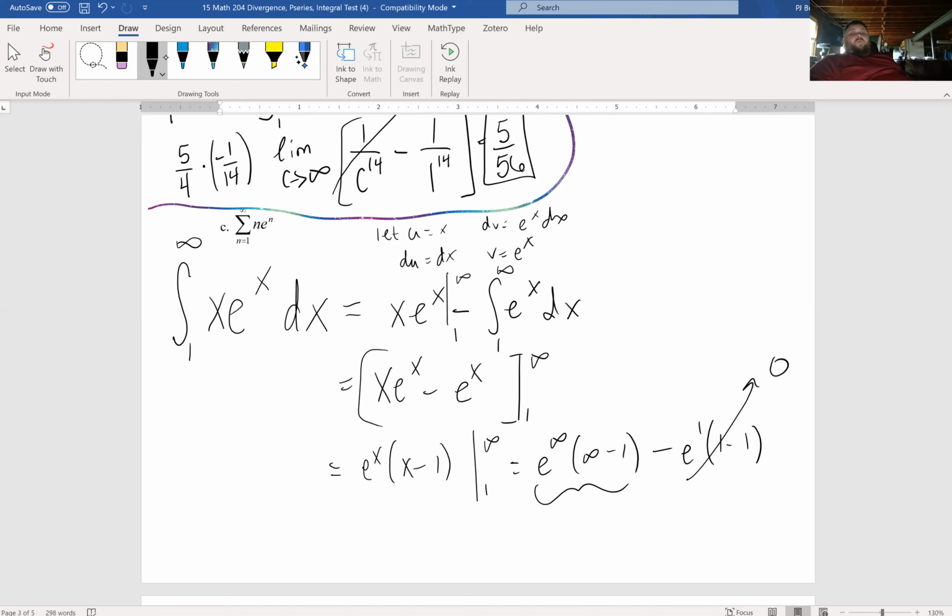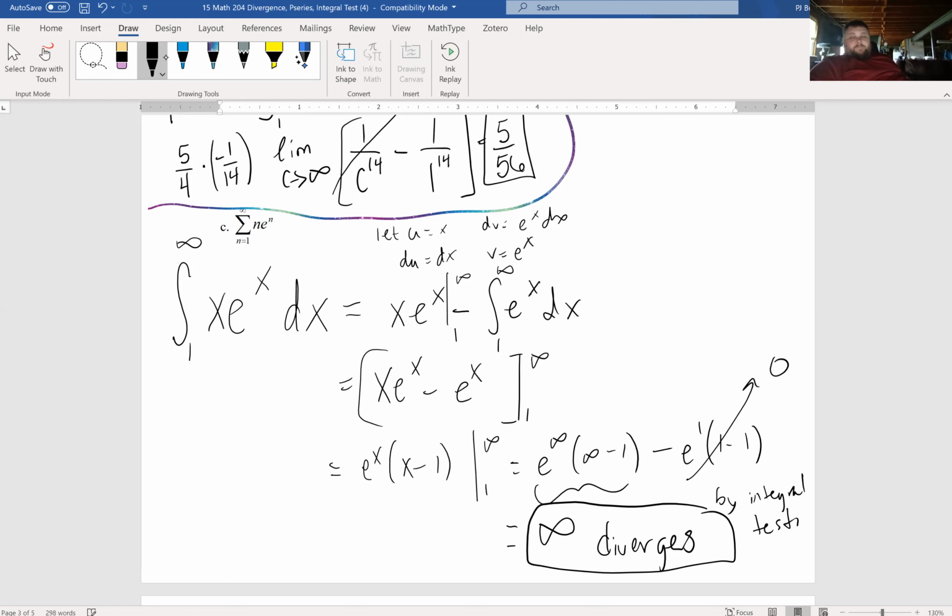The exponential will win because it increases or decreases more rapidly, and therefore it tells us what this overall function would do, and it tells us it heads towards infinity. So if that's the case, we get diverges, right? Again, by the integral test.